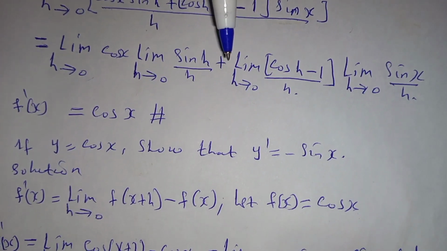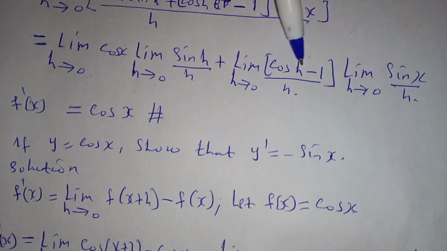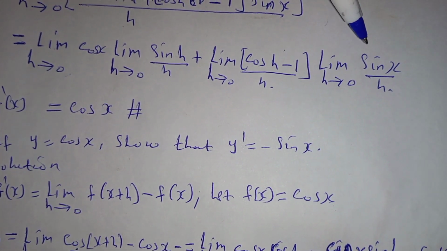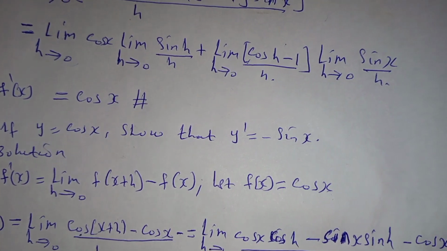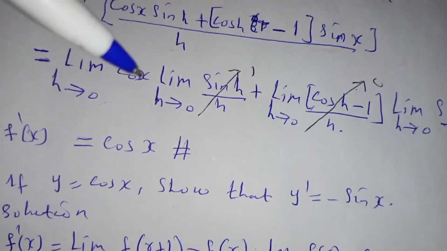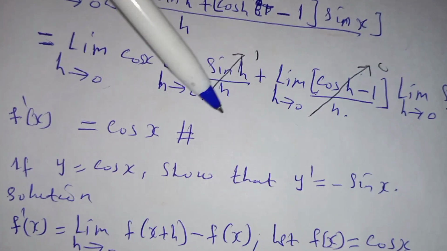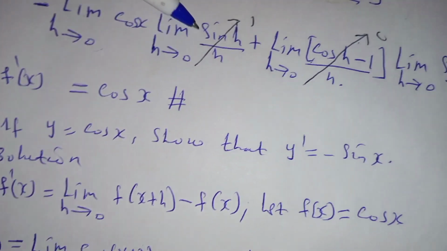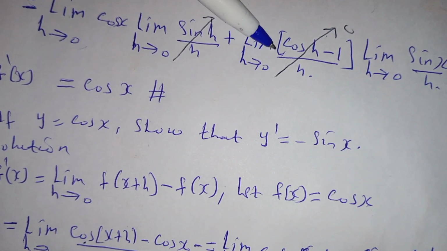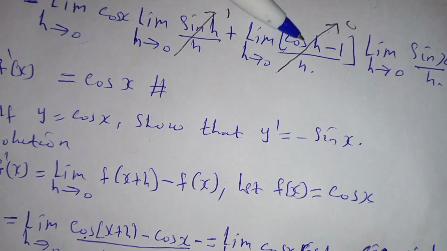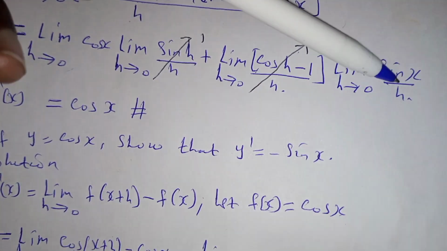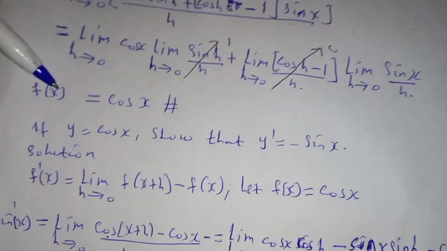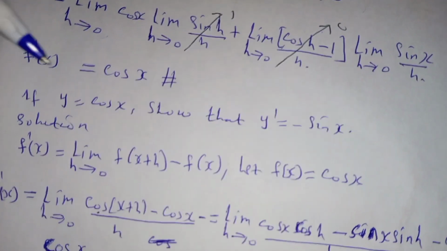The limit as h tends to 0 of cos h minus 1 over h will give us 0. 0 times sin x is 0. So we are going to get the derivative of f as cos x.